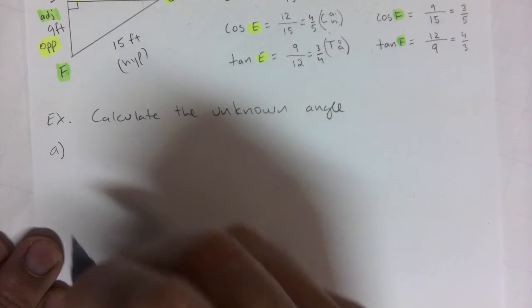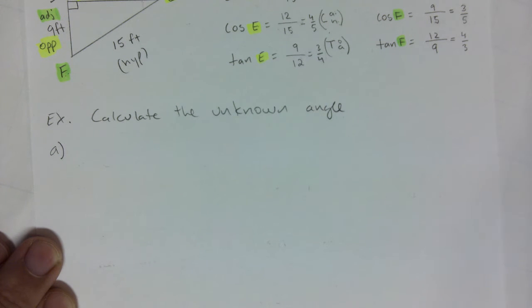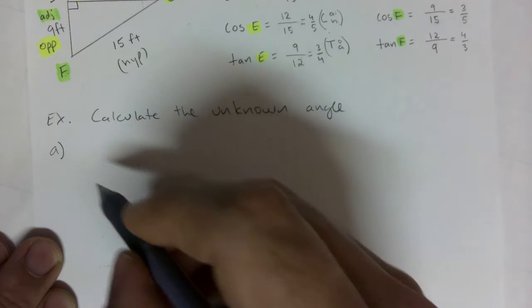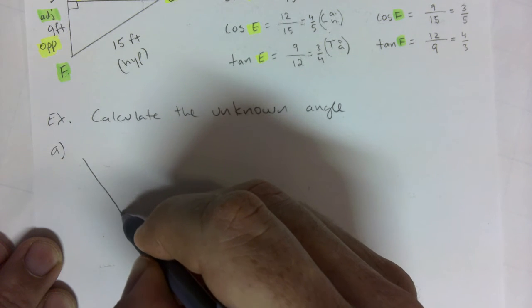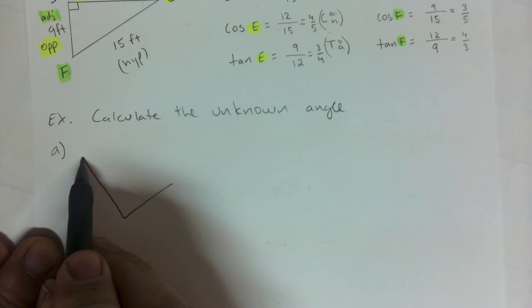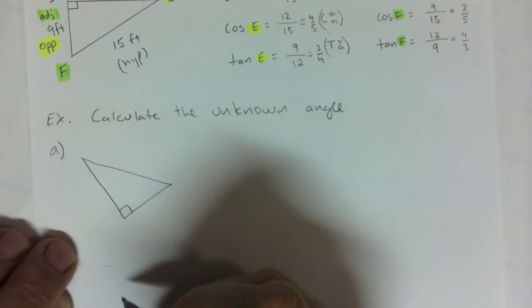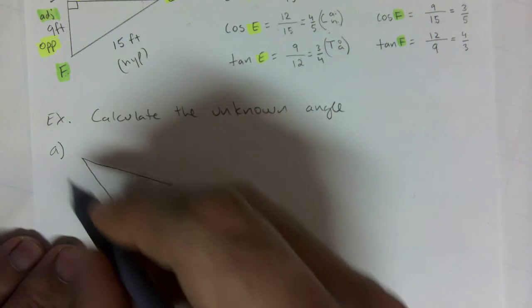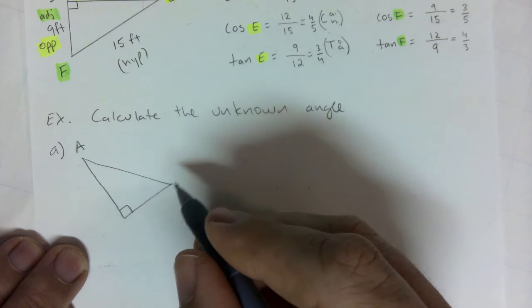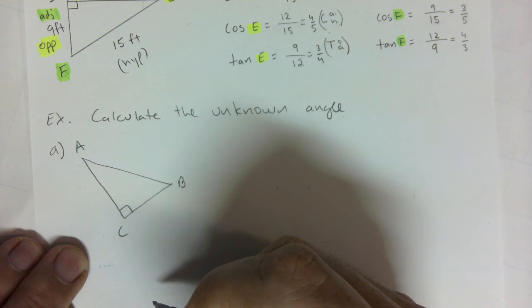So let's call this A. And this particular triangle will look like this. I'll try my best to make it look nice. There we go. The right angle is there. And so we'll go with ABC again, I guess. Okay.